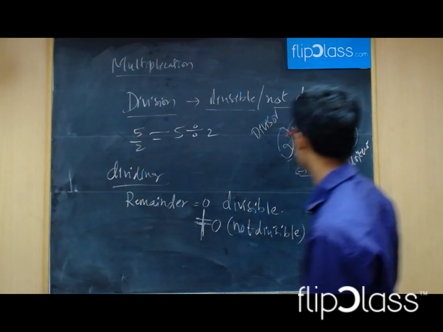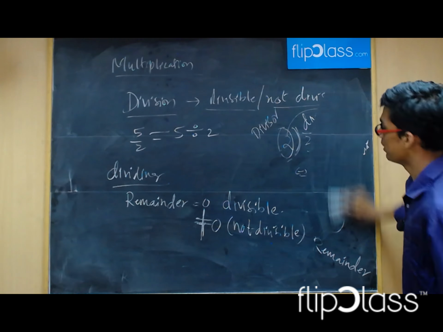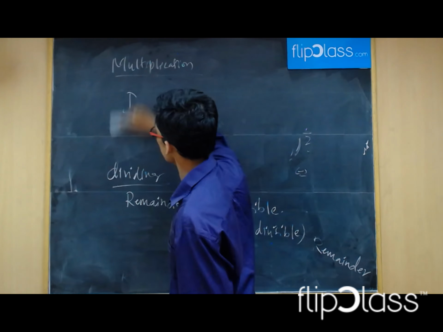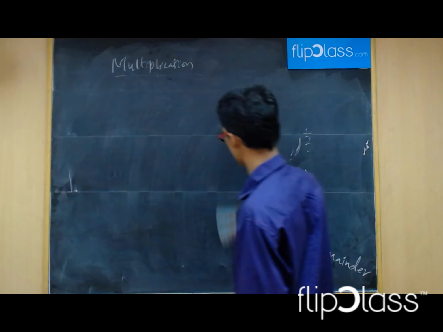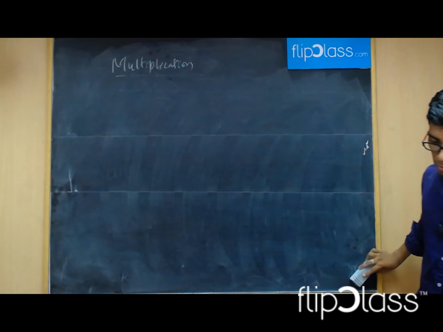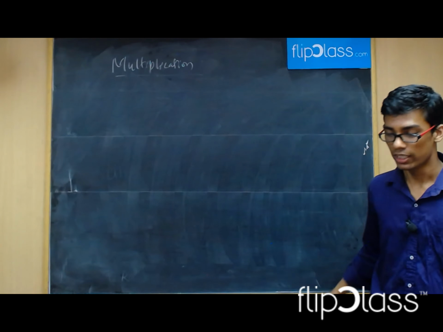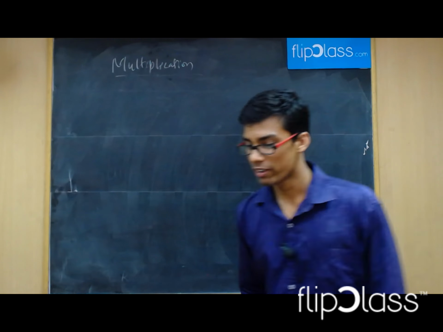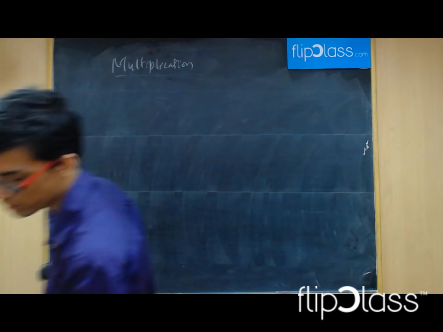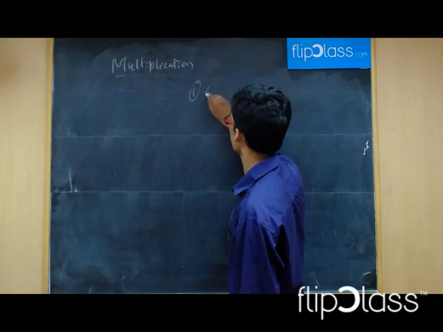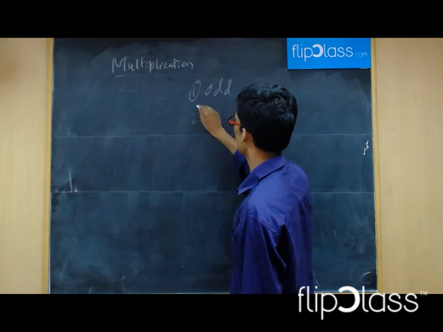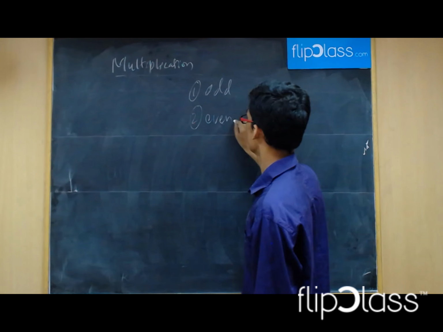Okay, so let's continue with it. When we started the class, we said we'll be seeing 4 different types of numbers. One was natural numbers and one was whole numbers, and then there were 2 other types called odd numbers and even numbers. So what do you mean by odd number and what is even number?